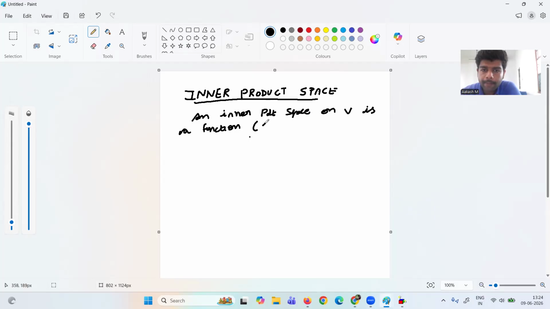We can denote the inner product as like this. It is a function which assigns to every pair of vectors a scalar. Then the following conditions should be satisfied.